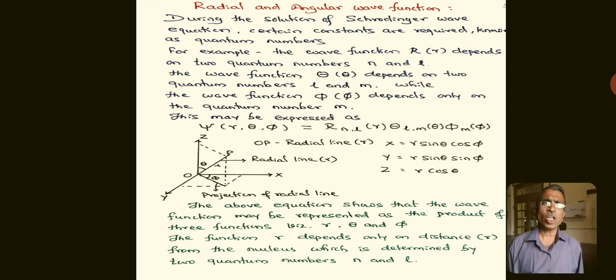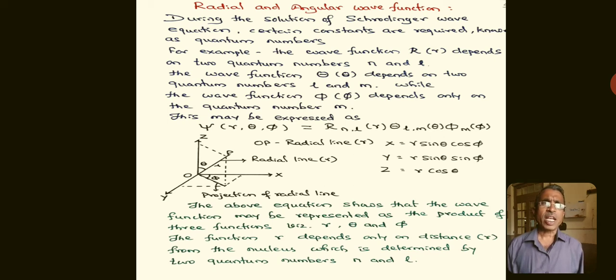The wave function theta, which is a function of theta, depends on two quantum numbers l and m, that is the azimuthal quantum number and the magnetic quantum number, while the wave function phi depends only on the quantum number m, that is the magnetic quantum number.